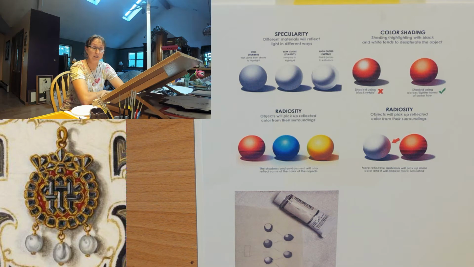When we look at color shading, you want to do tones of the same hue and not jump straight to black and white. This printout I have is not super great, but you can see it on your class handout.